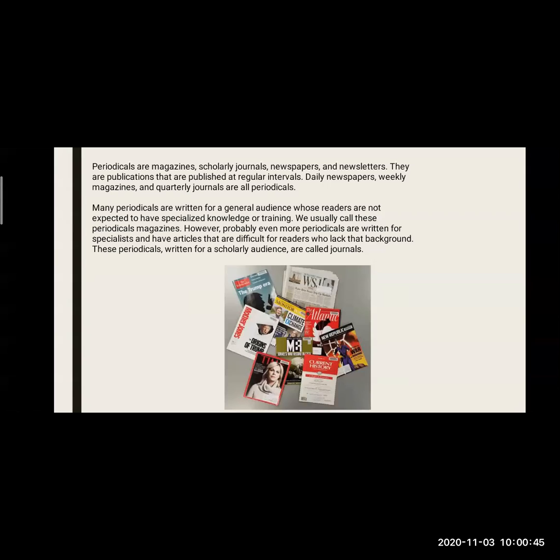These periodicals are basically written for a scholarly audience, who spend a lot of time studying and have a lot of knowledge about academic subjects. They are called journals.